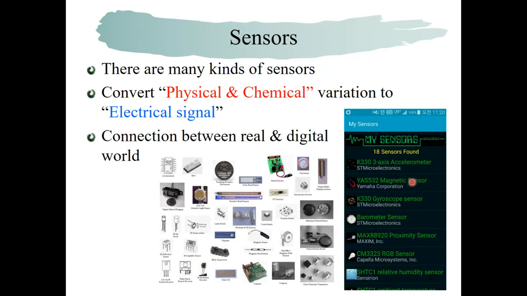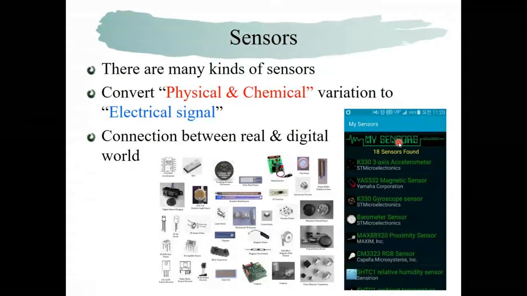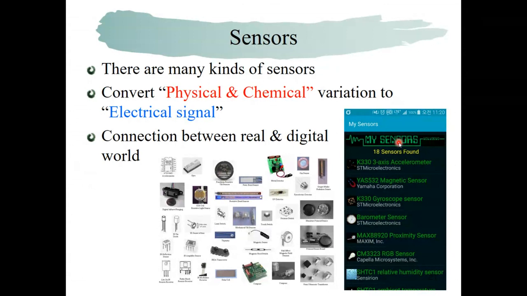It may be a Galaxy 4 or 6, a very old version, but it still has an accelerometer, a magnetic sensor, a gyroscope sensor, a pressure sensor, a proximity sensor, and more. You can see here that 18 sensors are in a single smartphone, and nowadays, the modern smartphone has even more sensors.